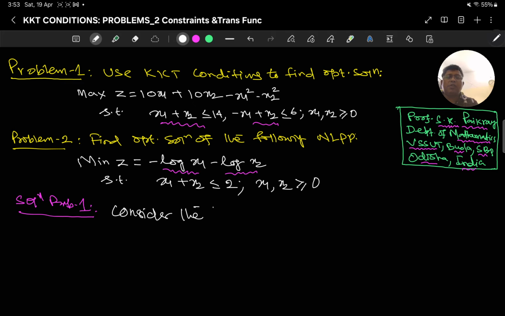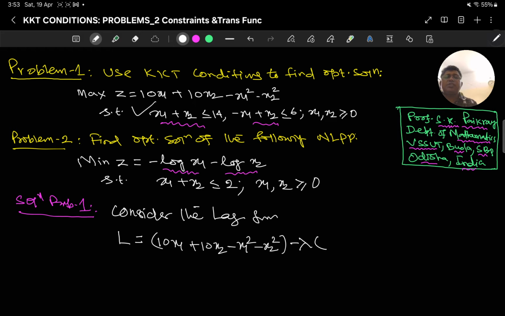L is equal to z, that is, 10x1 plus 10x2 minus x1 square minus x2 square, minus lambda 1 times the first constraint, left hand side minus right hand side, x1 plus x2 minus 14, minus lambda 2 times the second constraint, minus x1 plus x2 minus 6.